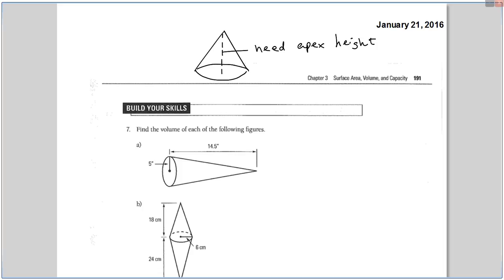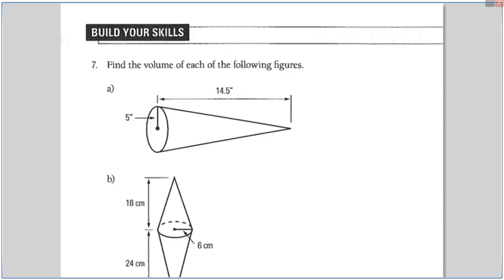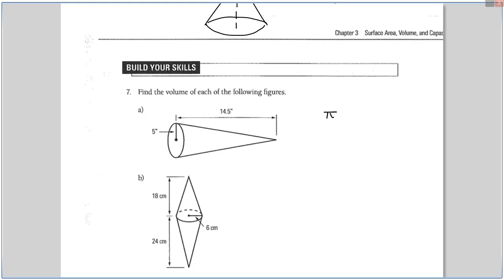And have they done that in part A? Yeah. So basically it's pi r squared times h, and then you divide by 3 at the end. Or some of you can put the 1/3 at the beginning. What do you guys like? Doesn't matter? Some of you write it like this, 1/3 pi r squared h. Either or, okay?